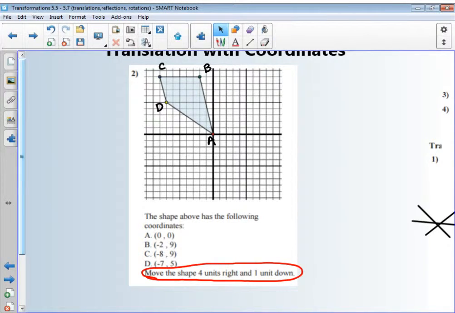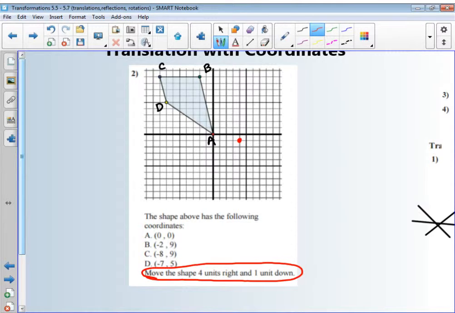Okay. All right. So we're going to go ahead and do the translation. I'm going to pick one of them and follow that translation. So for A, I'm going to go over 4 and down 1. So over 4, 1, 2, 3, 4, down 1. That's where my location for my A should be. Okay, for B, and I don't like to put my letters on until I'm done, I'll do that as the last step.